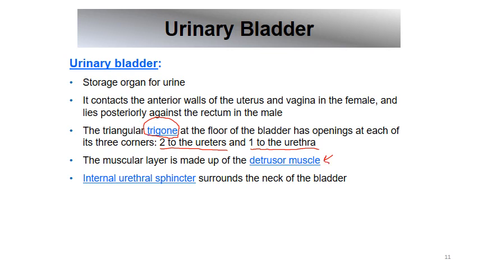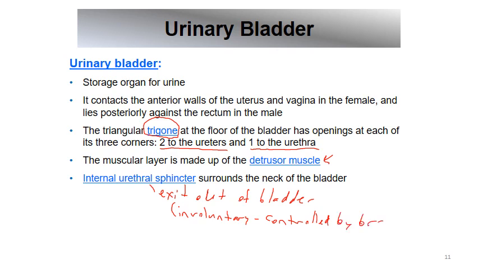The internal urethral sphincter is the exit out of the bladder. This internal urethral sphincter is involuntary. This is controlled by the brain, especially by the pons.